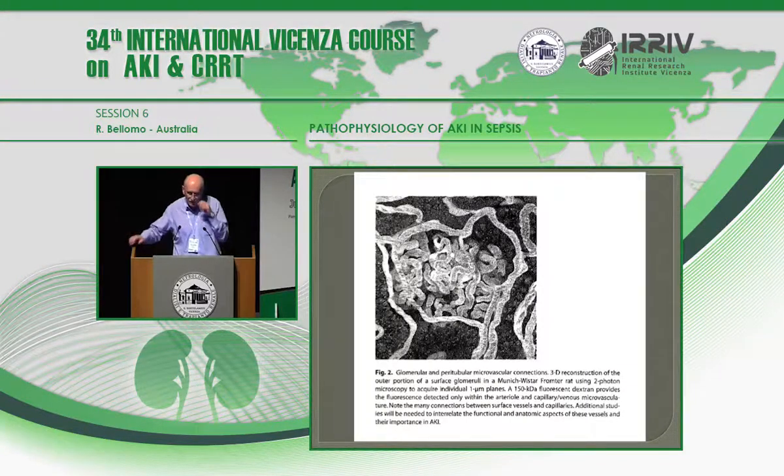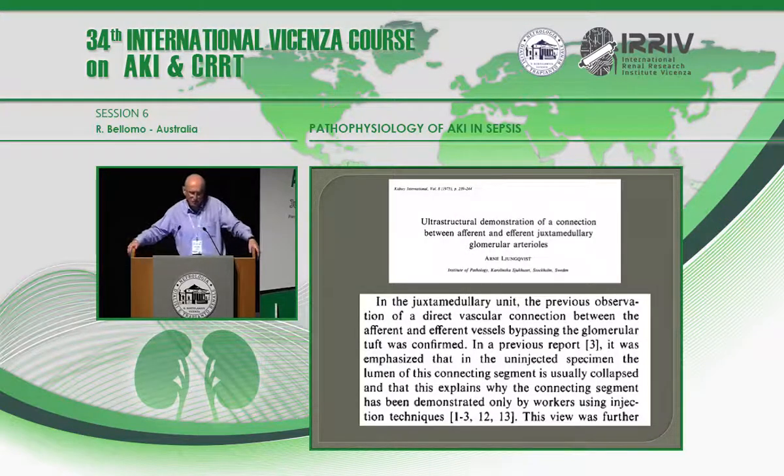This is data with 3D reconstruction of the outer portion of surface glomeruli from rats using 2-photon microscopy, and you can see very nicely a periglomerular circulation that would allow blood to come and bypass the glomerulus if changes in the circulation took place. And this has also been reported by other anatomists in the 70s.